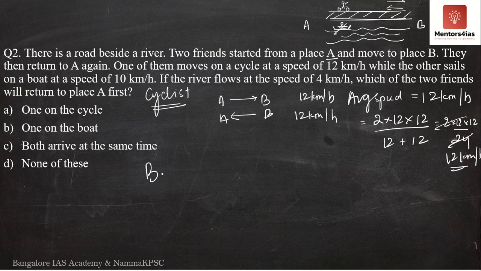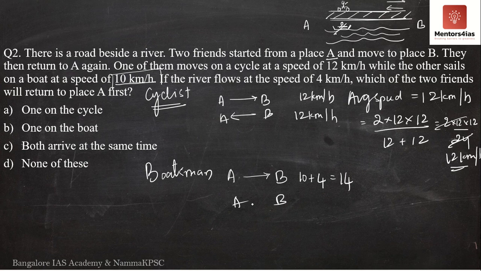Now consider the boatsman. Now the boatsman is rowing on a boat. Then obviously his onward speed is not going to be equal to the returning speed. So if I say from A to B is downstream, then his downstream speed will be 10 plus 4, which is equal to 14.